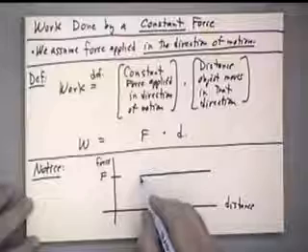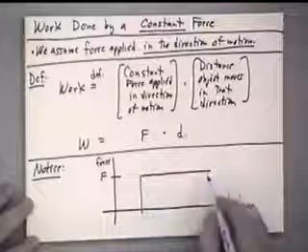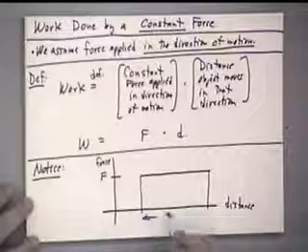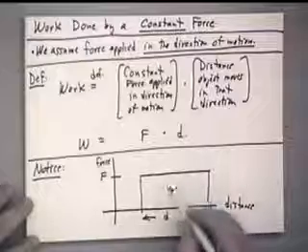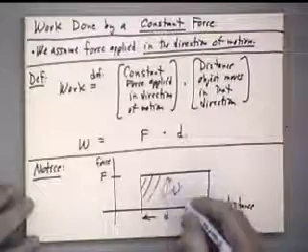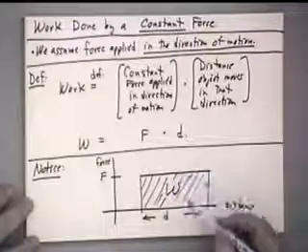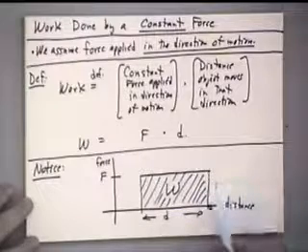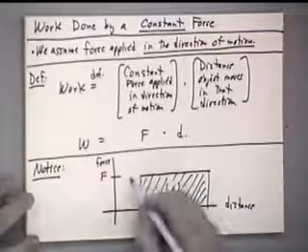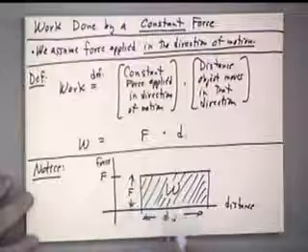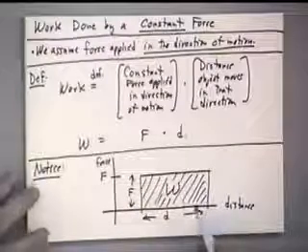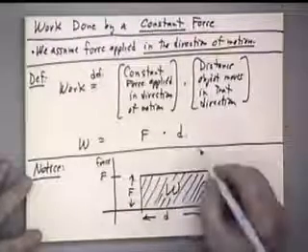And if it only goes over a certain distance d, say from here to here, then work becomes the area of this rectangle. So in this rectangle, this is the force, this is the distance, and this is the work in here.